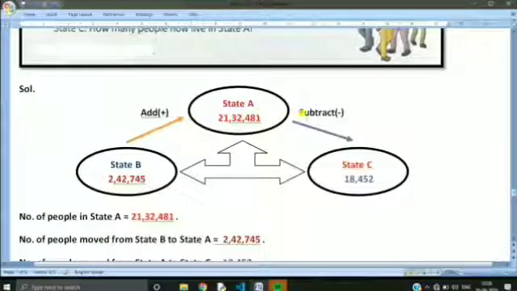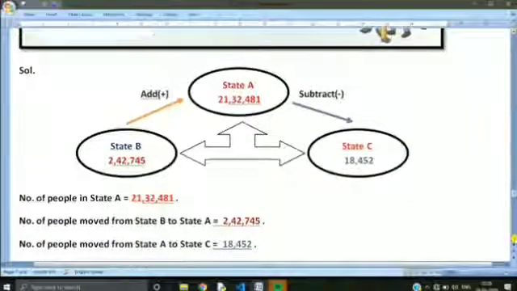So we will get the decrease by doing the subtraction. So let us see our final answer, how we can make the conclusion.